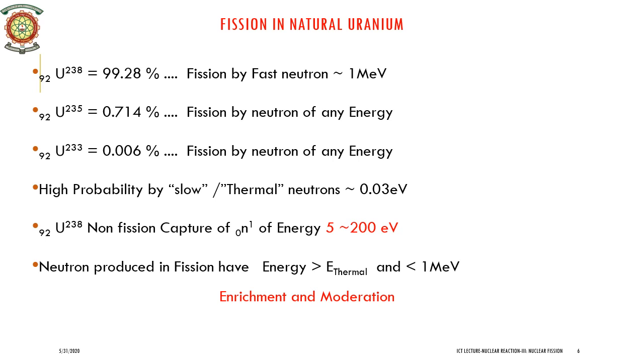That is, U-238 will capture a neutron of this energy range, and the compound nucleus U-239 which is radioactive, it will decay. In fact, the half-life is about 24 minutes and thereby there is no fission occurring. The above mentioned processes obviously will reduce the fission rate. Now, the neutrons emitted as fission products have energy that are greater than thermal neutrons but not of the order of few MeV.